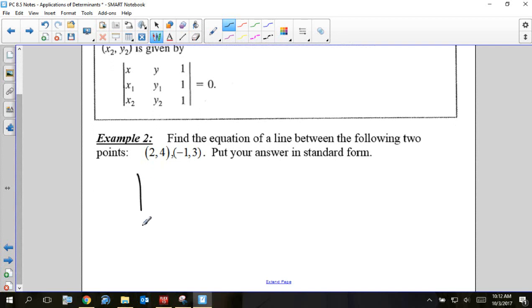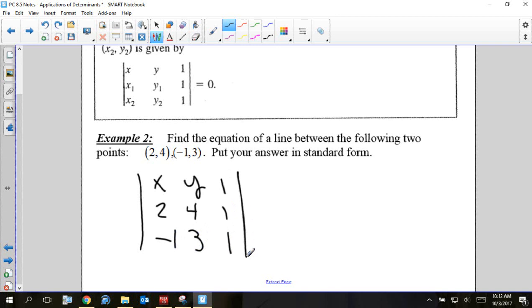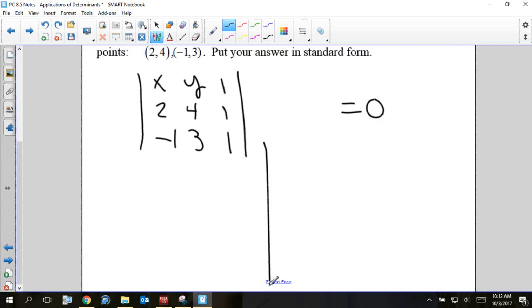So we'll set it up. Oops, I already messed up. x, y, 2, 4, negative 1, 3, 1, 1, 1, and then equals 0, but I'm leaving some space because we're going to have to do the determinant. So I'll copy my columns.